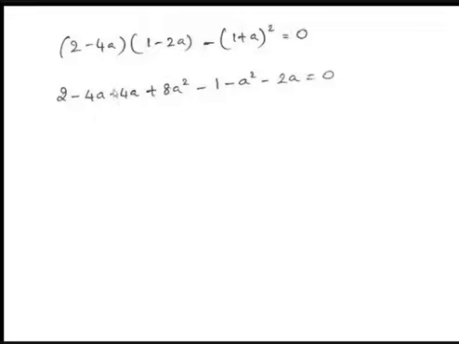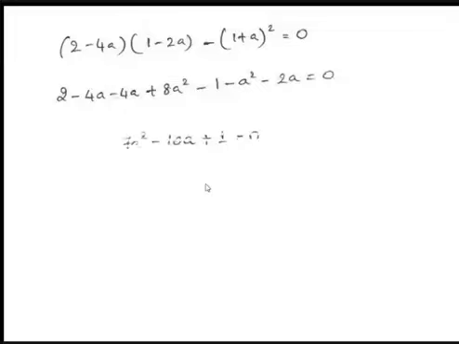So again minus 4a into 1, 4a. Then minus 4a into minus 2a. So 8a square minus 1 minus a square minus 2a is equal to 0. I have expanded 1 plus a the whole square. That is a plus b the whole square. So I have got 1 minus a square minus 2a which is equal to 0.